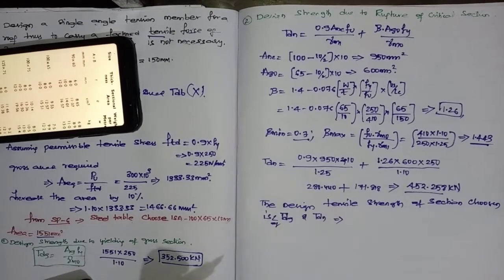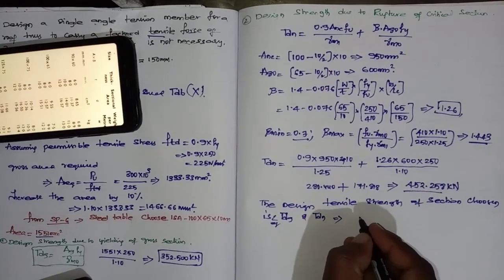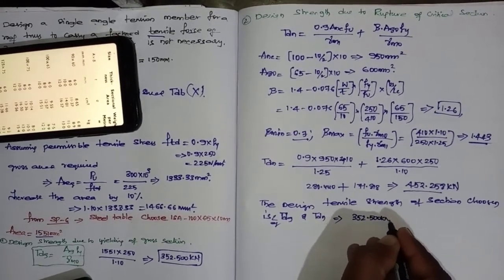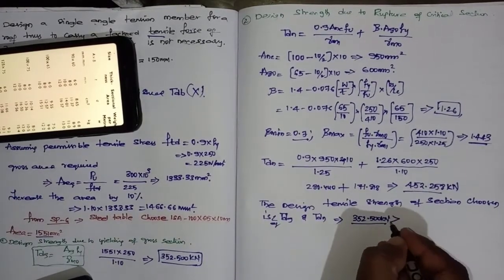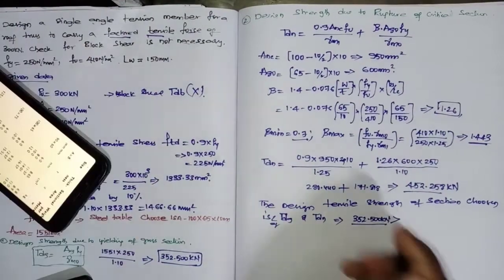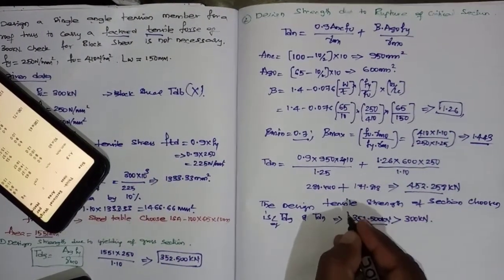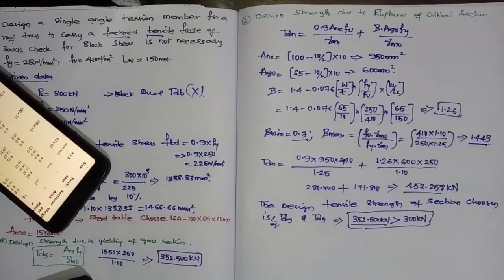How much you are getting? This is 352 and this is 452. So 352.500 kilonewton. Okay, this is the value which is greater than the given factored load, 300 kilonewtons. Hence our section chosen is safe.